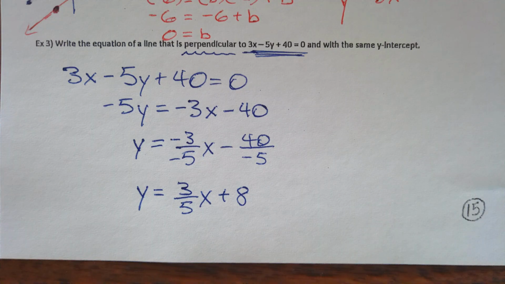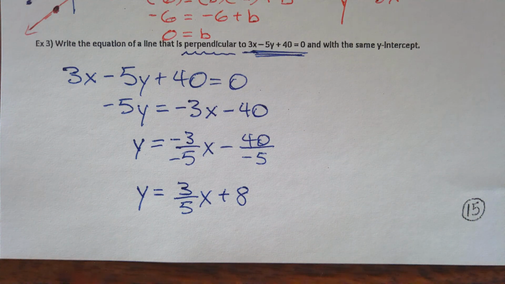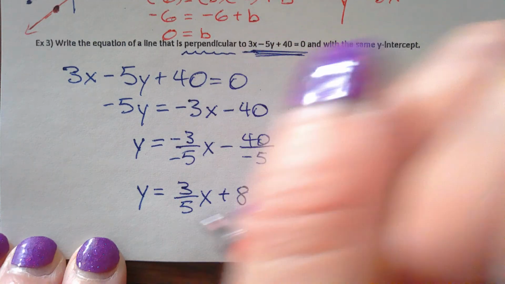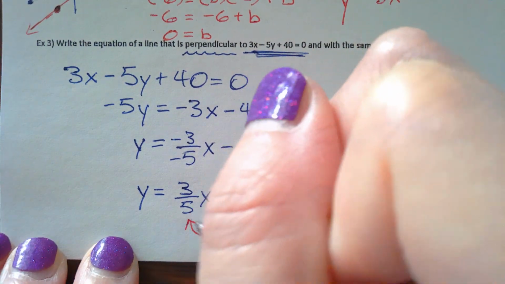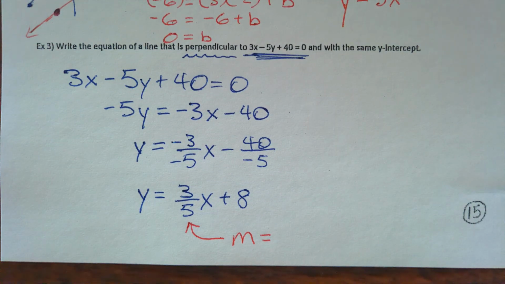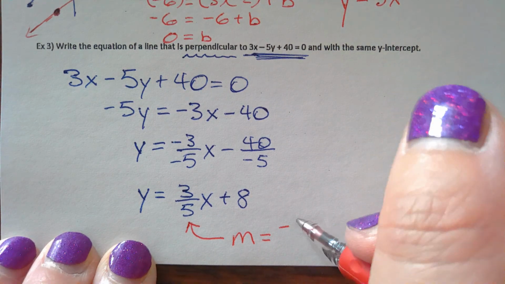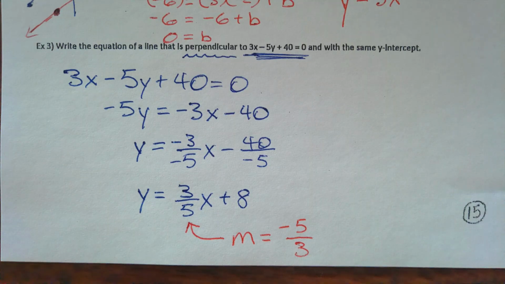So what am I going to take out of this equation for my red line? The m, yeah. If the slope of this line is 3/5, then the slope of my red line is going to be, which is? Perfect. Good job.